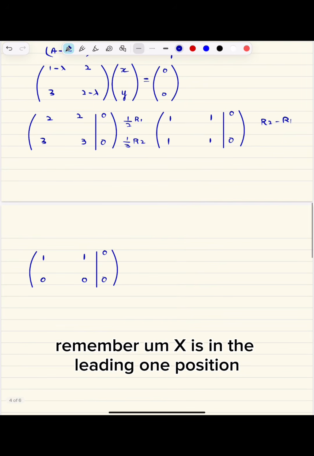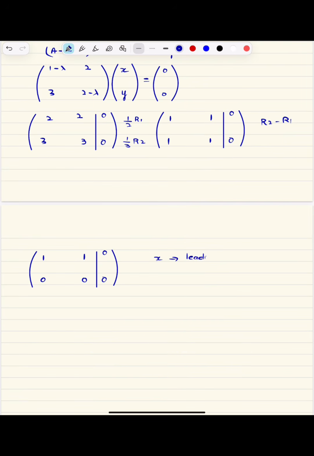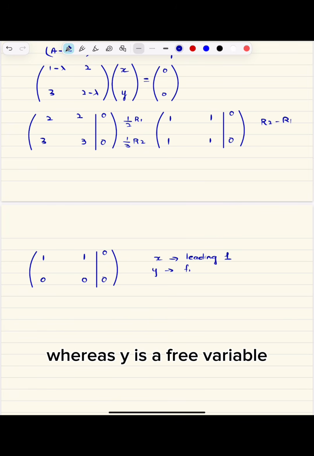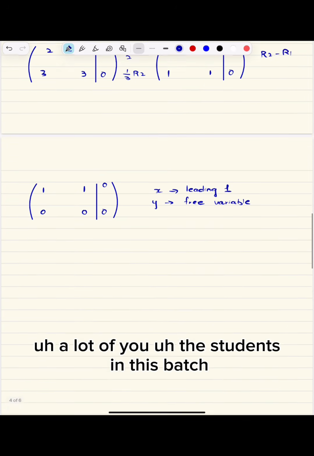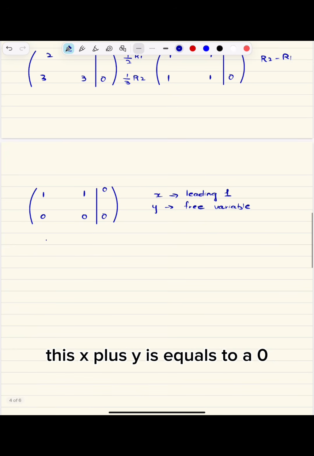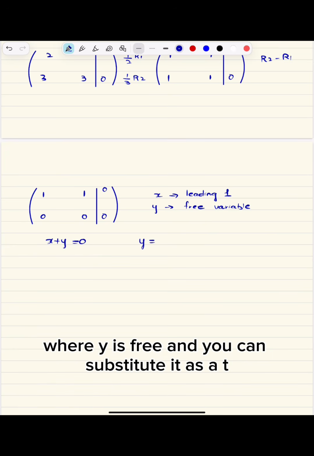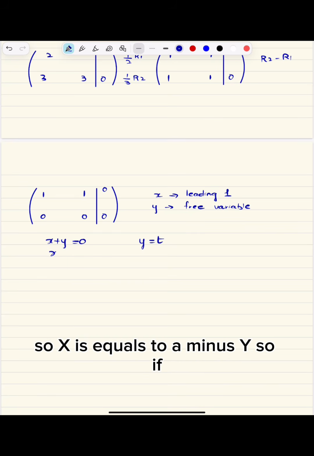Remember, x is in the leading one position, whereas y is a free variable. A lot of the students in this batch didn't know how to maneuver this. x plus y is equal to 0, where y is free and you can substitute it as t. So x is equal to minus y.